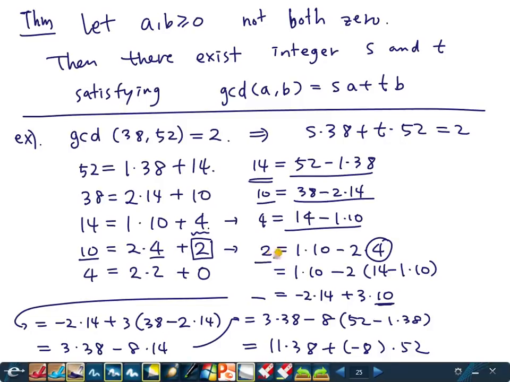We express 2 in terms of 38 and 52. So what is s here? s equals 11, t equals minus 8, and we obtain this. Okay? This always works, and this basically explains why this is true. We can construct s and t in this way.